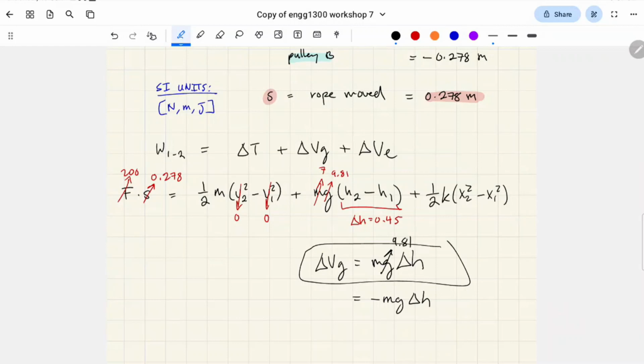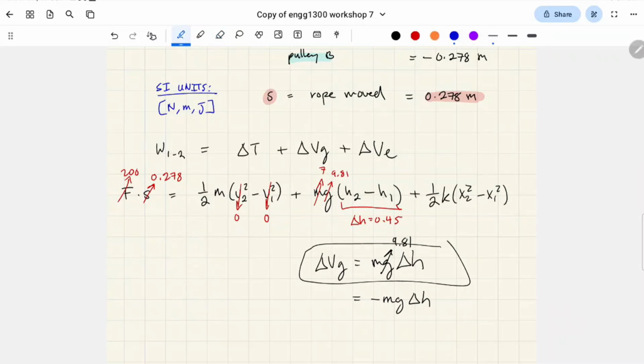And the reason for that is, imagine you have a rock on the top of a cliff and a rock at the bottom of a cliff. Which one has more gravitational potential energy? The one at the top, right? So gravitational potential energy has to be a bigger number for the higher one, and a smaller number for the lower one. That's just the definition of gravitational potential energy.